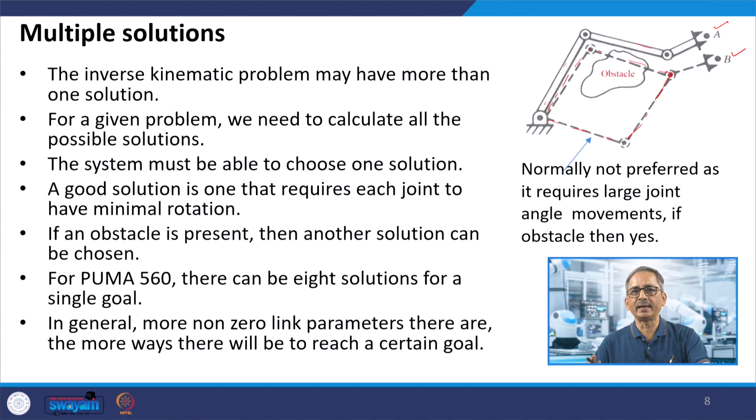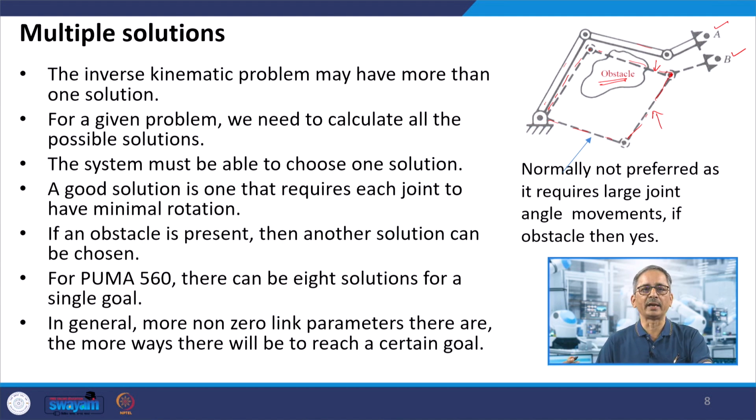There is a general criterion, and that criterion says that we should go for the solution in which the minimum joint motion is involved, unless some issues are there, such as an obstacle. Now, in this case, if your obstacle is here, naturally you cannot go by this solution, so you have to adopt the other solution.